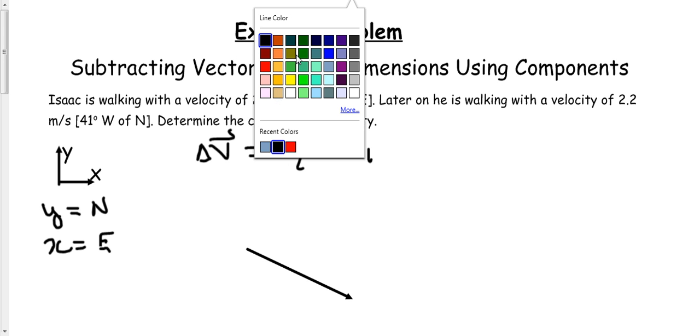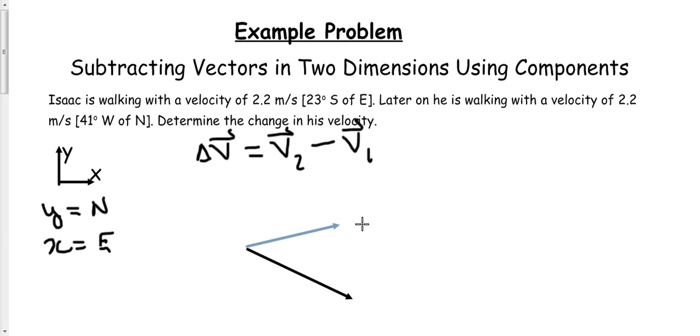This is v1, by the way. So let's indicate that this is v1. So that means this is v1x, this is v1y.